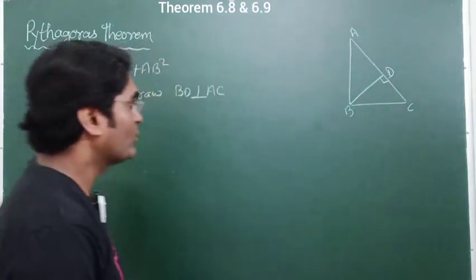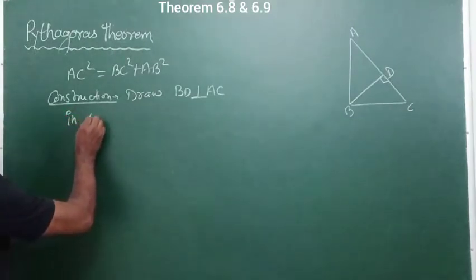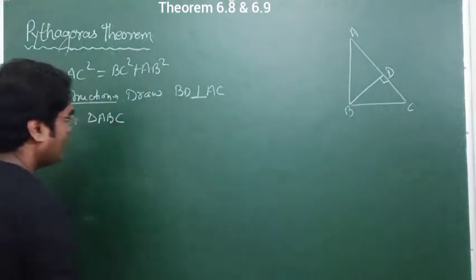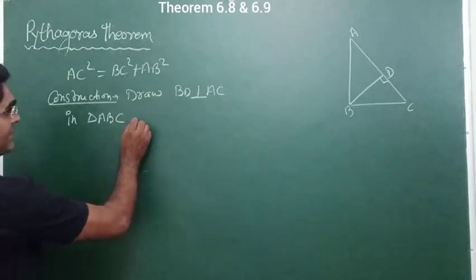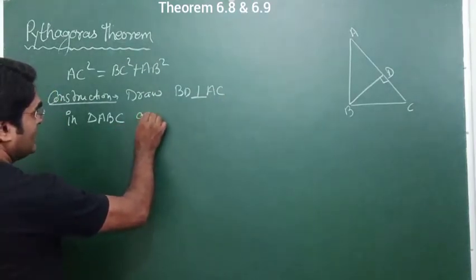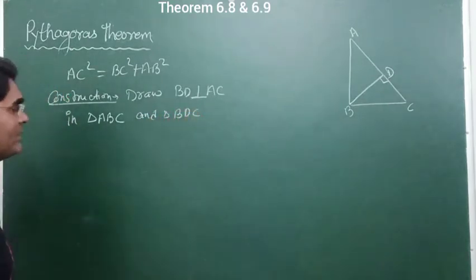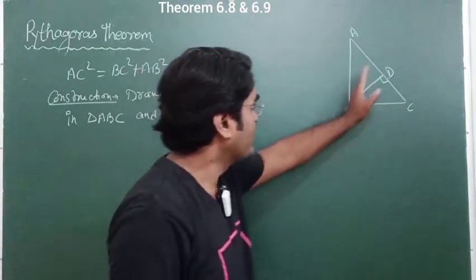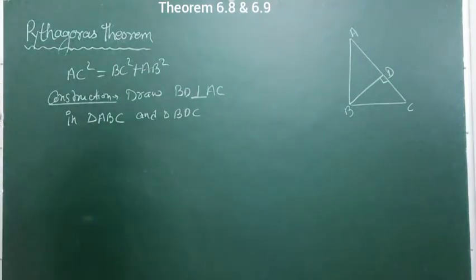Clear? So I am going to take triangle ABC. In triangle ABC, B is the right angle, and triangle BDC is also a right angle triangle.